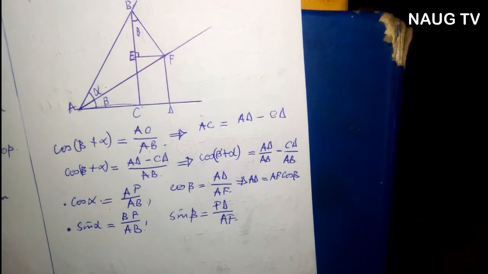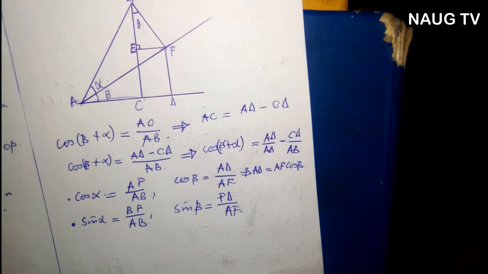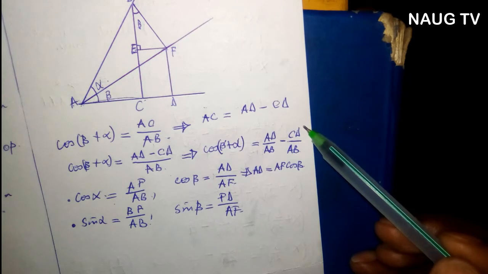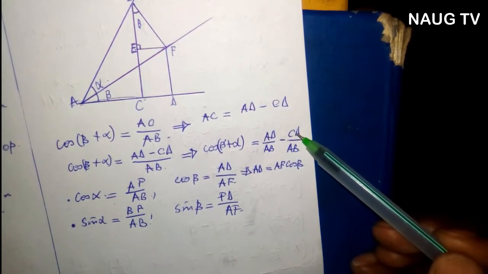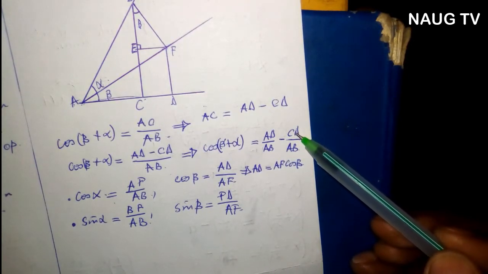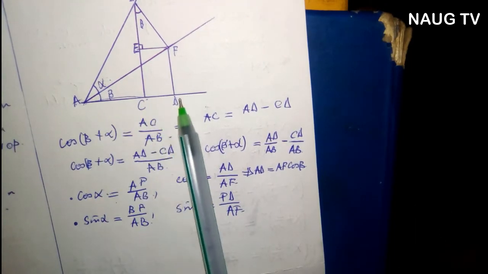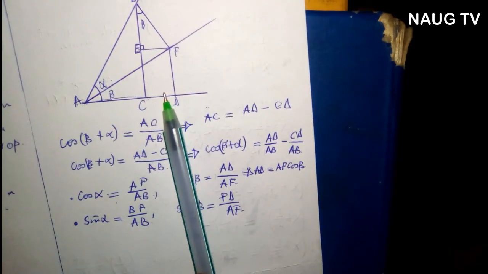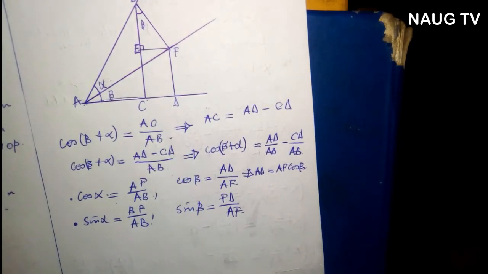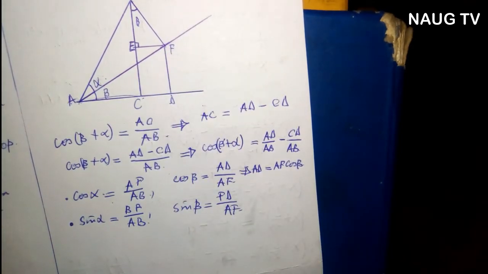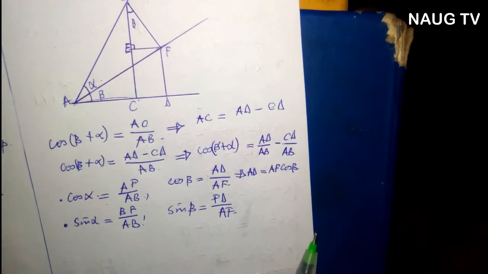Now let's see how also we can calculate the value of CD. CD, I think it is equal to EF.